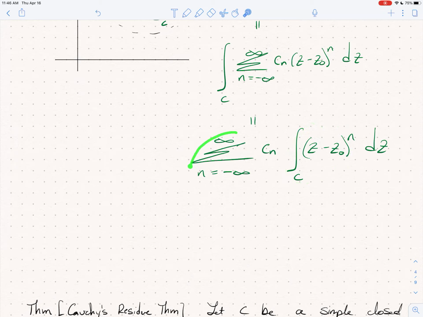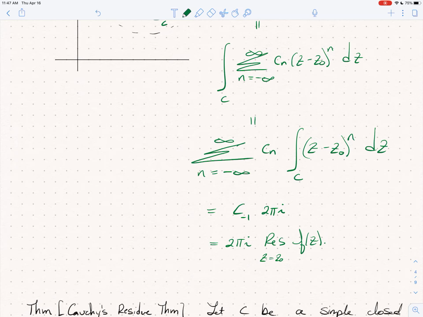So I literally have an infinite sum, both in the positive sense and in the negative sense, two infinite sums of zeros plus 2πi times its coefficient. And so I end up with c_{-1} times 2πi, or as your book writes, 2πi times the residue at z = z₀ of f(z).